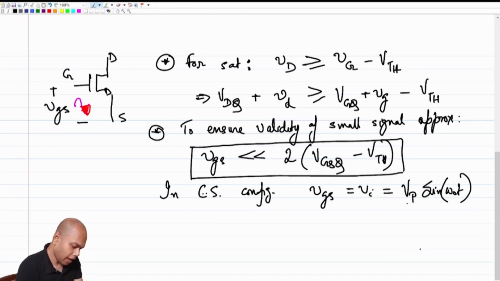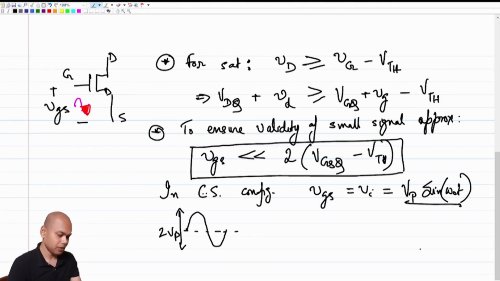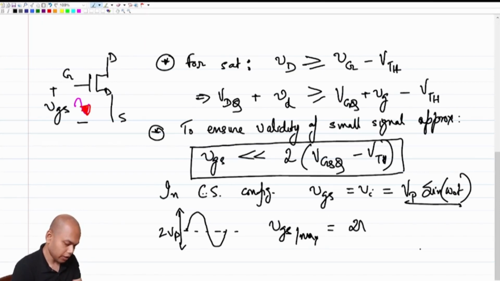Note that when you have the sinusoid Vp sin omega t, the sinusoid goes in either direction, and the peak to peak is twice Vp, which means VGS max is twice Vp, which means you have to ensure Vp is less than 1 overdrive.